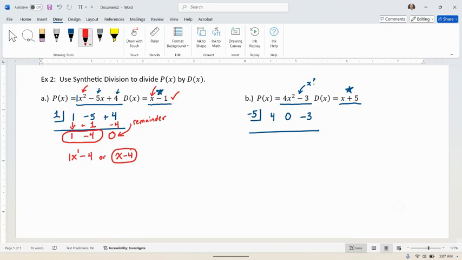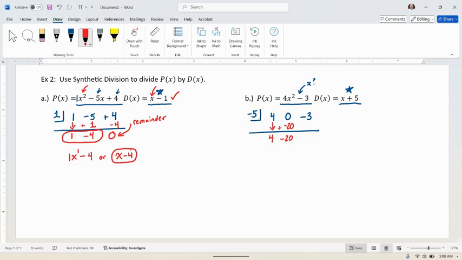Our first step in synthetic division is always to bring down the leading coefficient and write it underneath our sum. Next, we'll multiply -5 times 4, and in zigzag fashion we'll write that in the next space available. -5 times 4 is -20. And now we'll add 0 plus -20 is -20.